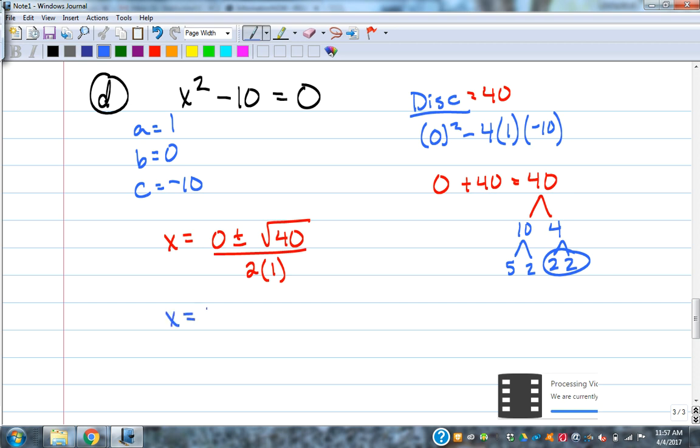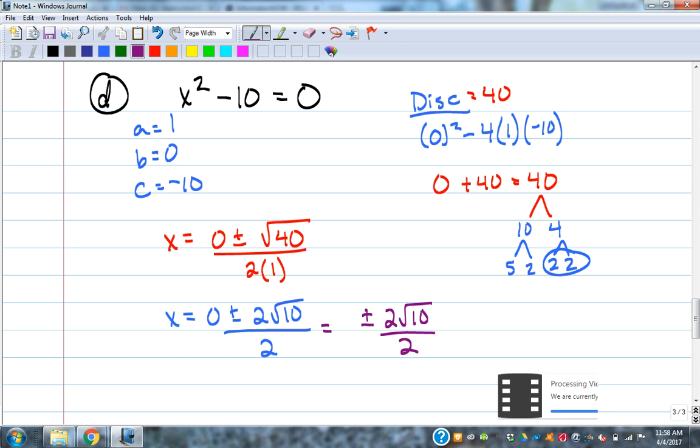So that's going to be x equals 0 plus or minus 2 square root of 10 over 2. Now, since it's 0 on the front, we can drop that and just have plus or minus 2 radical 10 over 2.